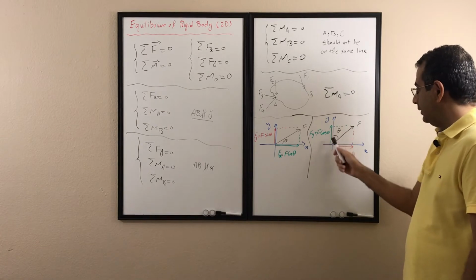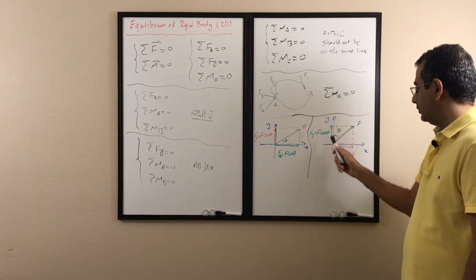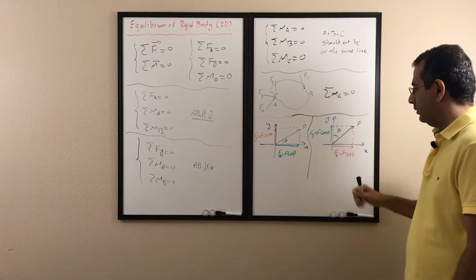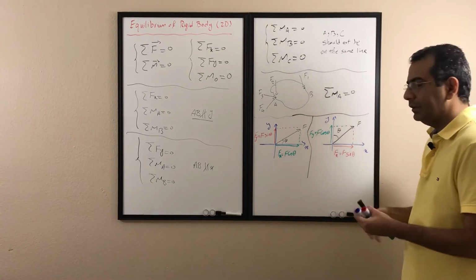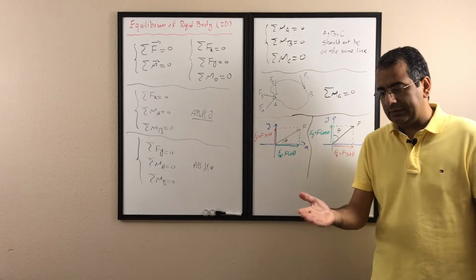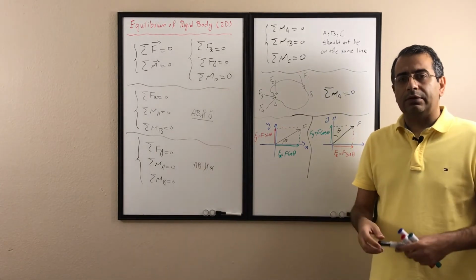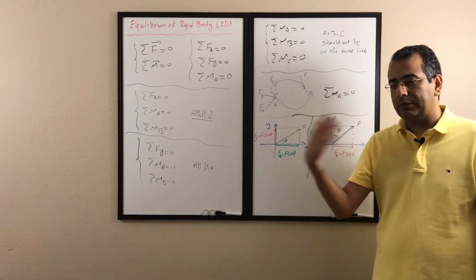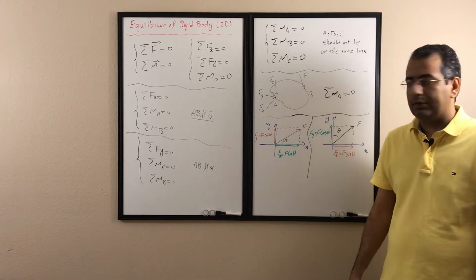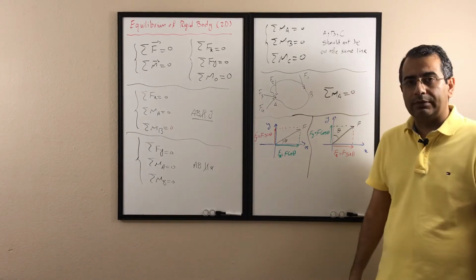Here the vertical one touches the angle, so it is going to be cosine. The horizontal one doesn't touch the angle, so it is going to be sine. If you have any other orientation, always remember that the component that is sitting right next to the angle, use cosine theta to find it, and for the component that is away from the angle, we will use the sine to find that component.